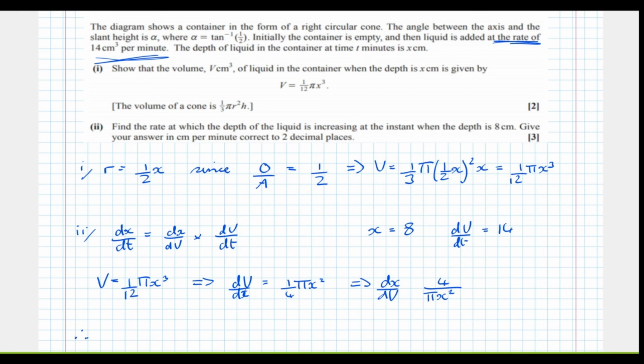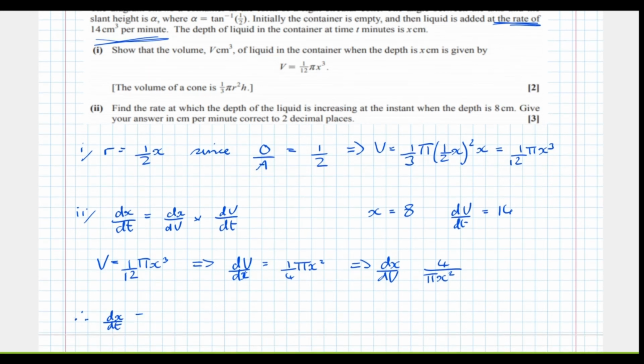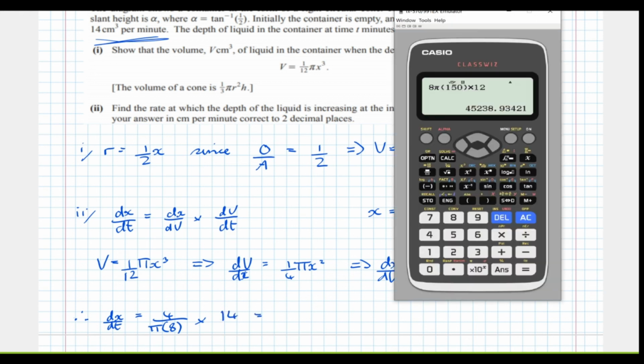Therefore, our dx by dt is equal to dx by dV, 4 over pi, and we know that x is equal to, it's told us, 8, times dV by dt, which you gain from the question to be 14. So 4 over pi times 8. Should write the squared on there as well, sorry.